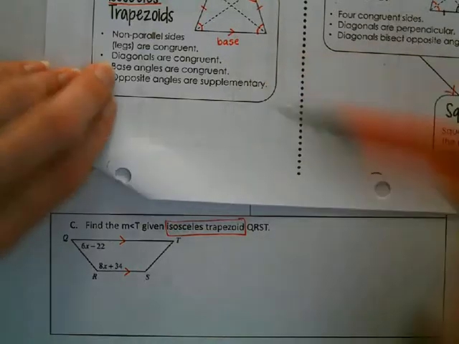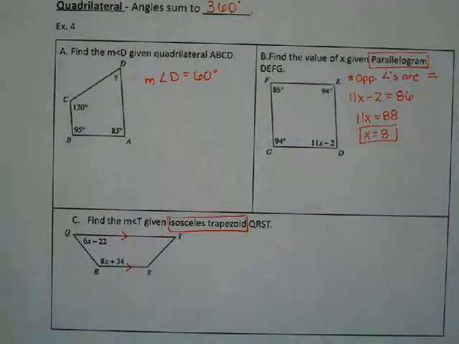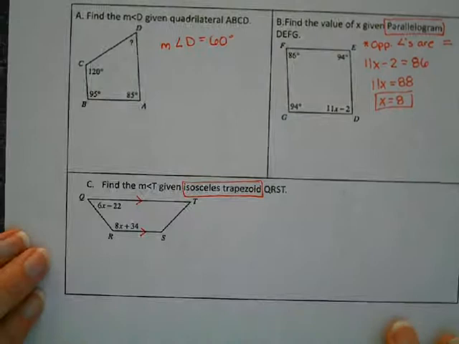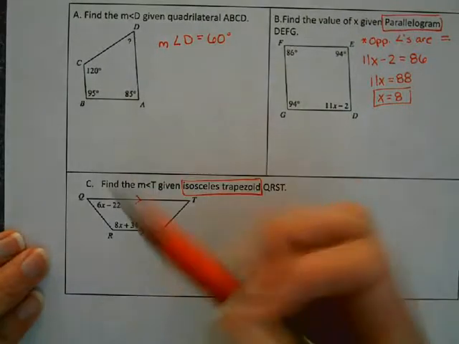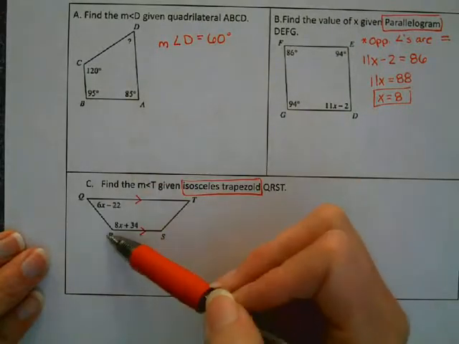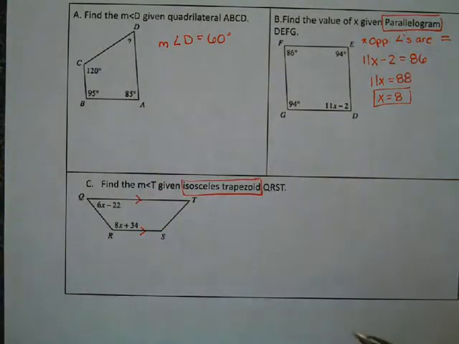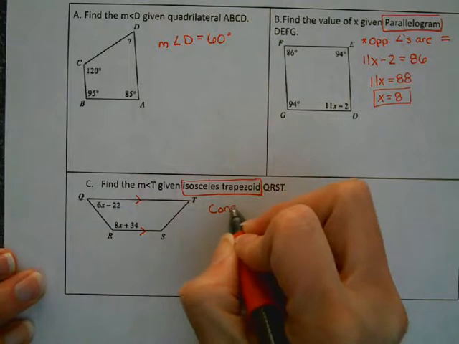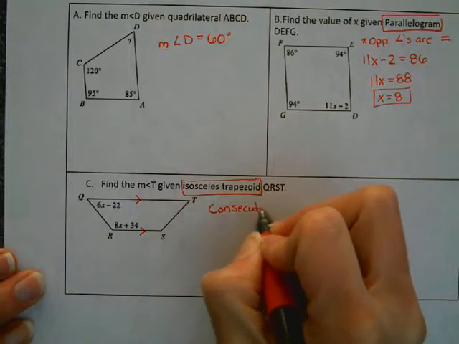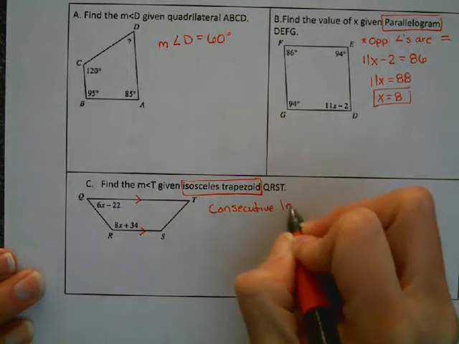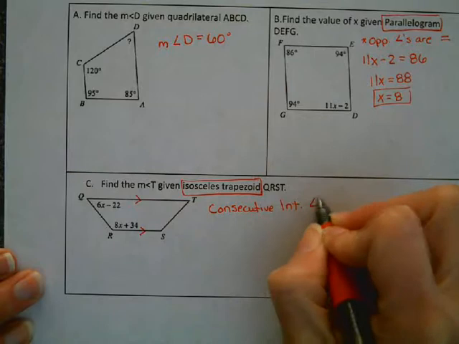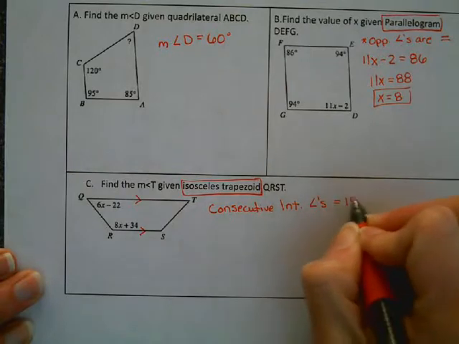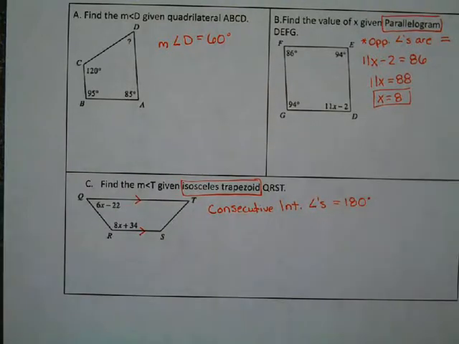Since these lines are parallel, I would just go with the one that says consecutive angles. And between parallel lines, consecutive interior angles sum to 180 degrees. So I just put consecutive interior angles, abbreviated there of course, equals 180.